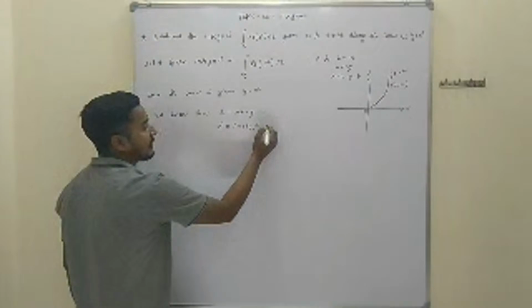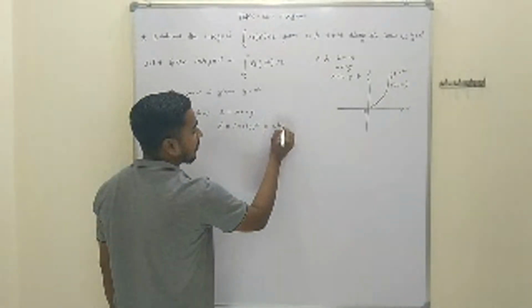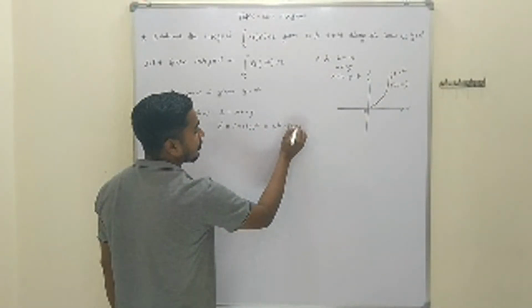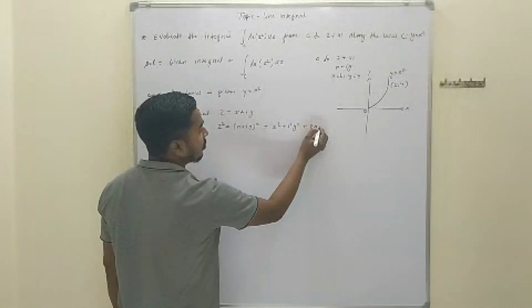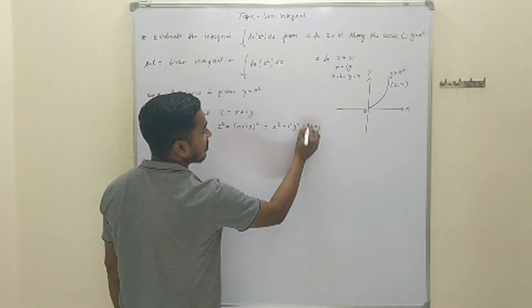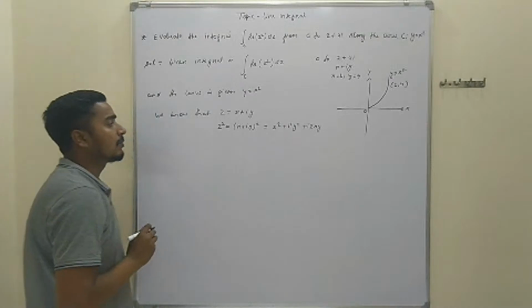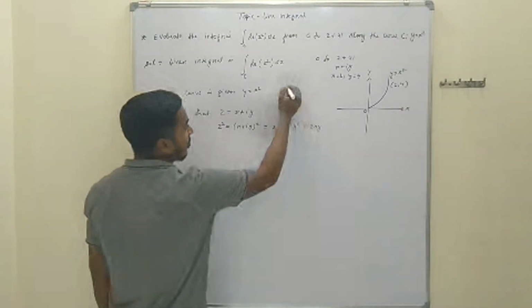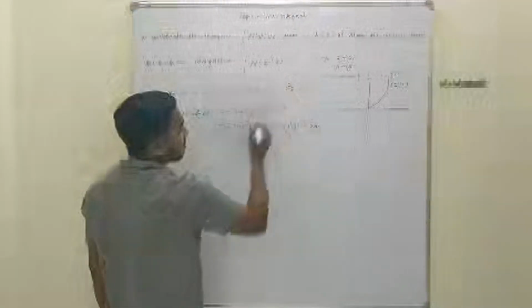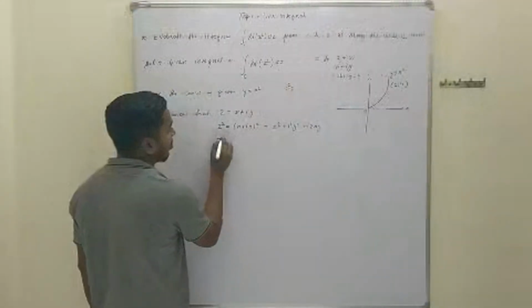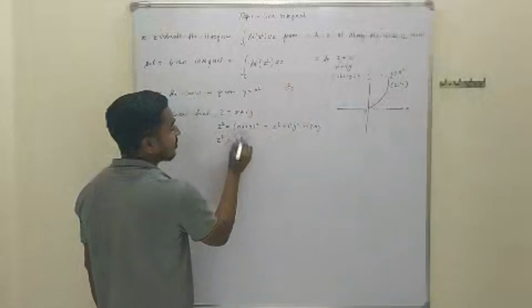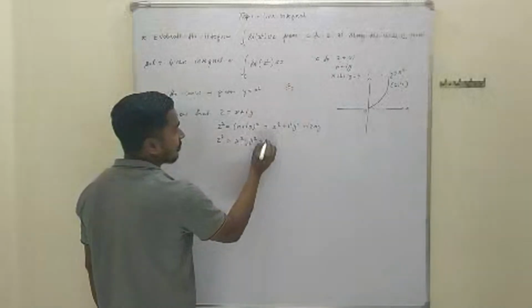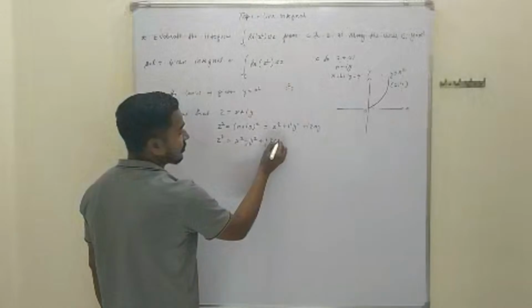On expanding, this gives x squared plus i squared y squared plus 2ixy. Here we know that i squared is minus 1, so z squared is equal to x squared minus y squared plus i times 2xy.